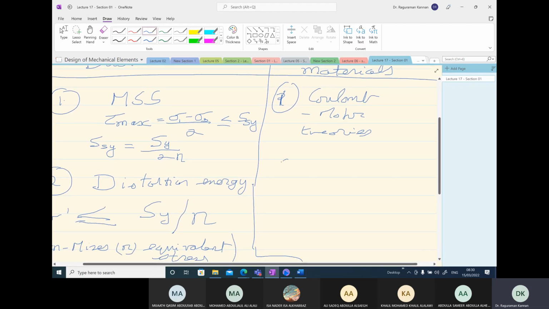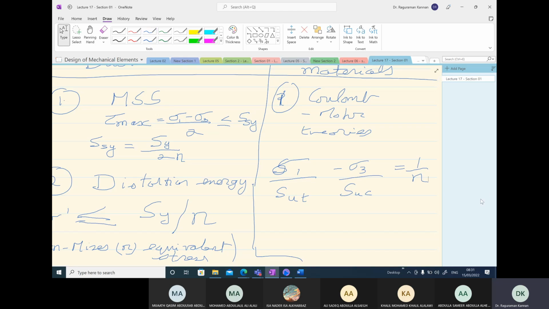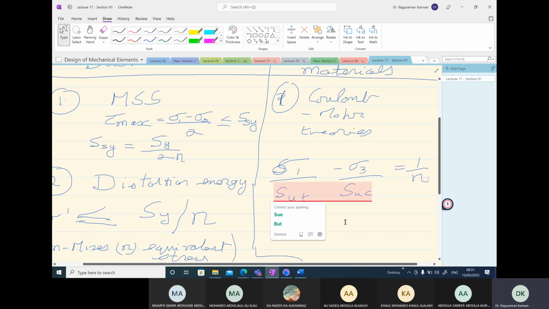So in the Coulomb-Mohr theory, we have the same kind of formula: sigma 1 over the ultimate property in tension minus sigma 3 over the ultimate property in compression must be equal to 1 over n. Depending upon the n value, if it is less than or equal to 1, it is failure; greater than 1, no failure for the brittle material.